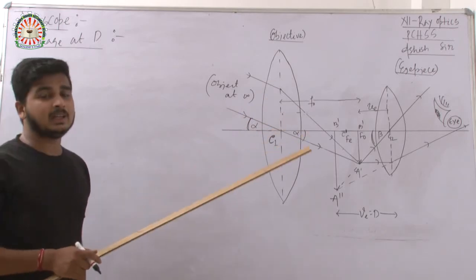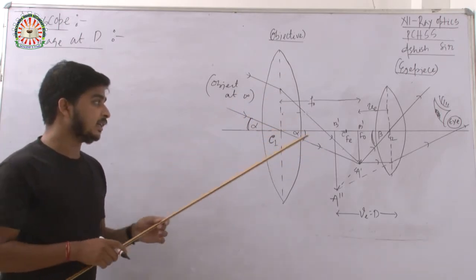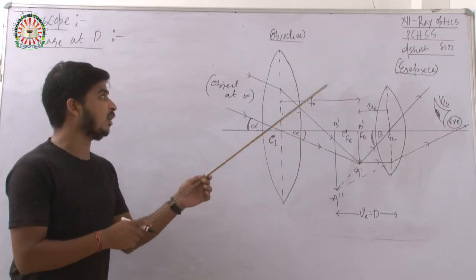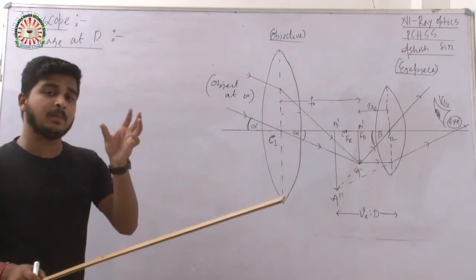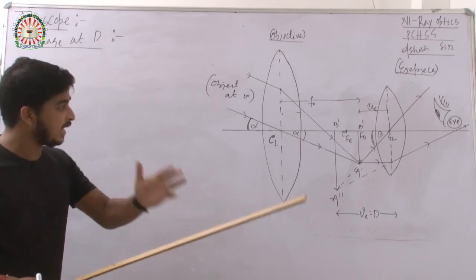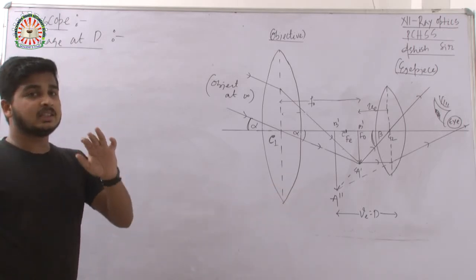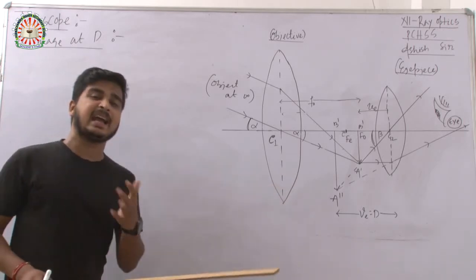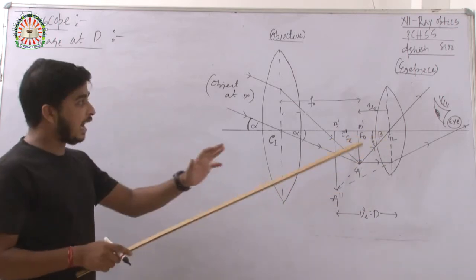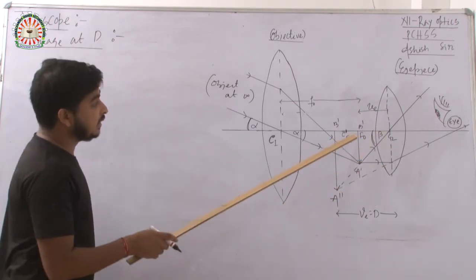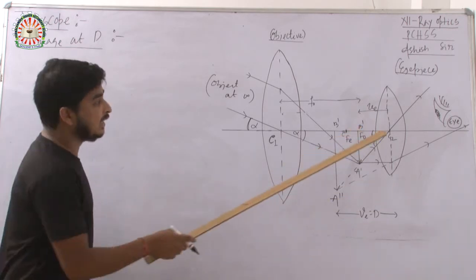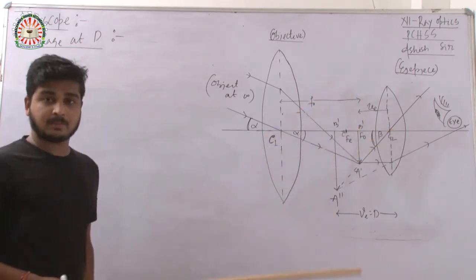But in the previous case, we discussed that FO and FE, the focus of the objective and the focus of the eyepiece, are at the same place. Here in this case, this is not happening. We have a rack and pinion adjustment, so that we adjust the eyepiece in such a way that the image A'B' is formed inside the focus of the eyepiece.